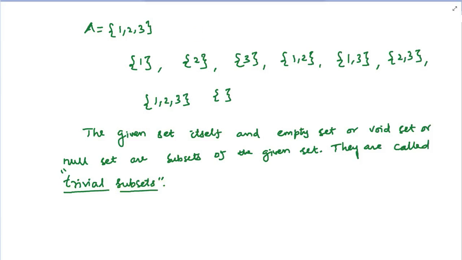The first statement can be mathematically represented as A is subset of A, and this subset is called improper subset.